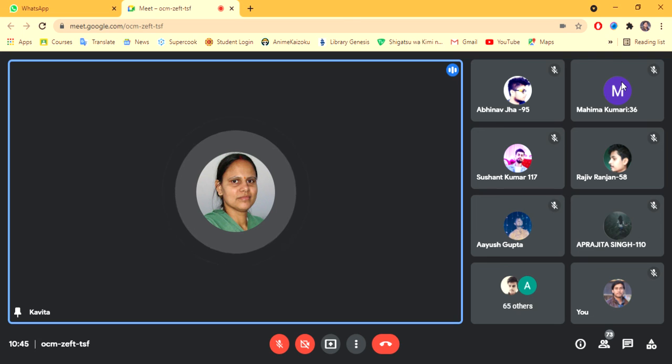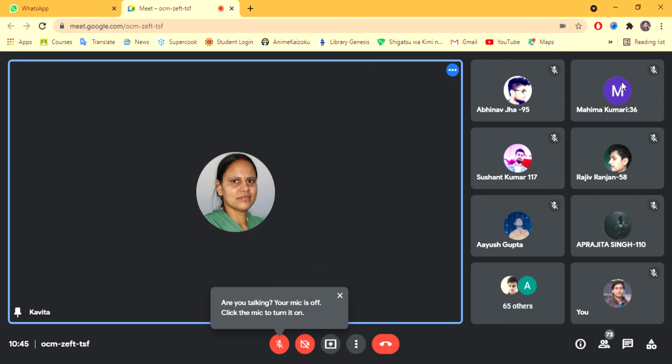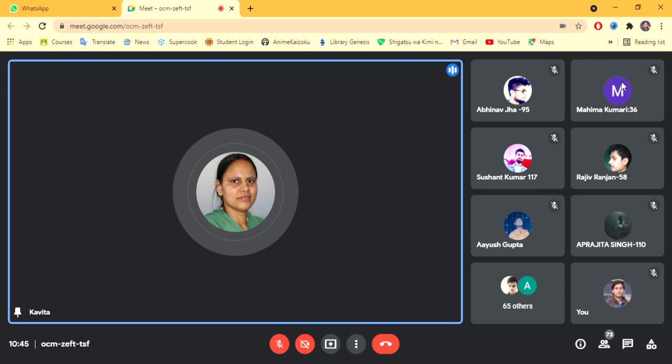The source is the mature, photosynthesizing leaf. So the starch which is being formed in the leaf should be translocated towards the sink, isn't it? Yes, ma'am. So that is very essential.